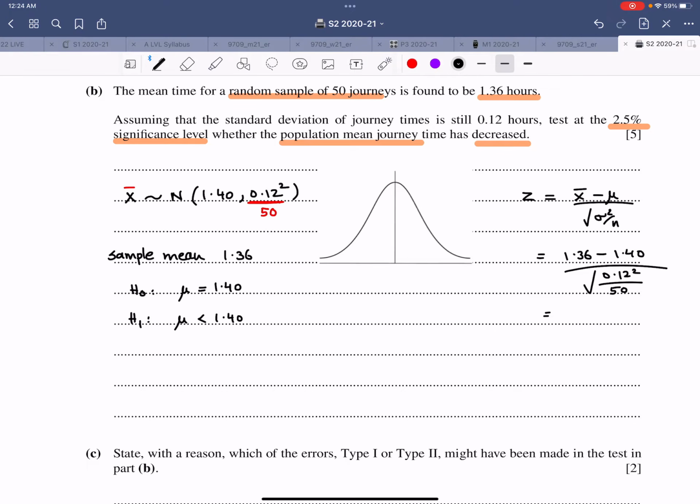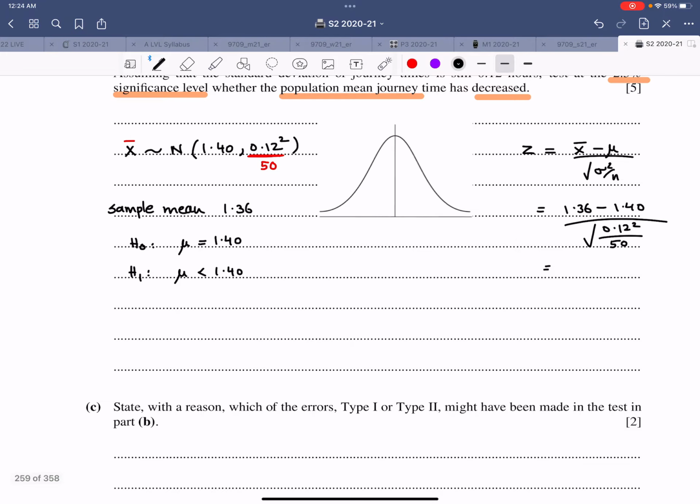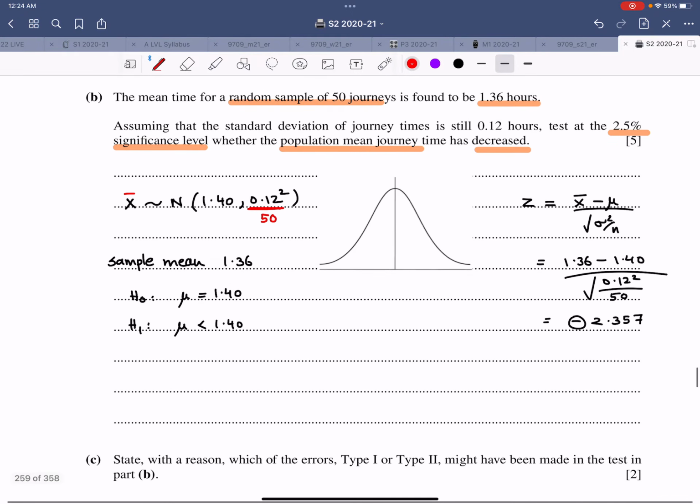Let me grab my calculator, and this comes out to be 2.357, and definitely it is negative. It's a lower tail test at the 2.5% significance level. The critical z value is negative 1.96, and let's see where the calculated z value lies.